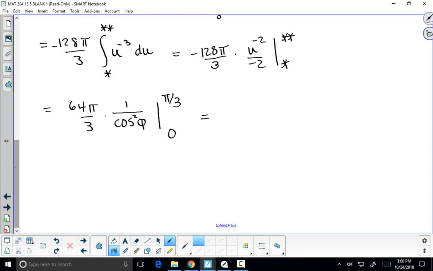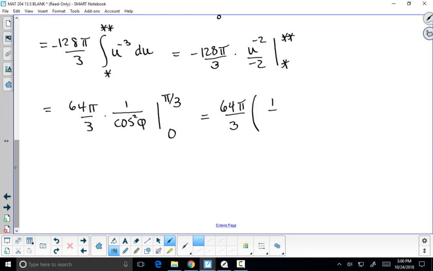All right, we're almost home. 64 pi divided by 3. Cosine of pi over 3. Cosine of pi over 3 is 1/2, right? And then we have to square it, so we get 1/4.